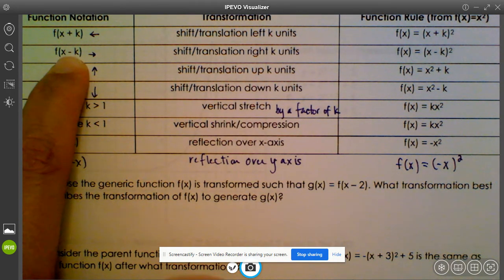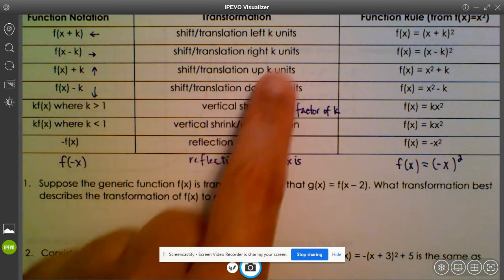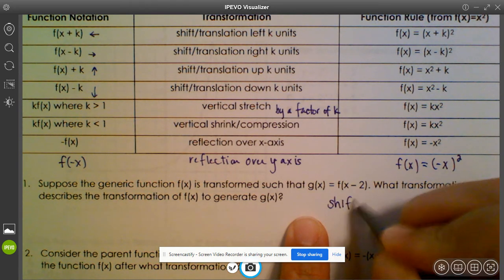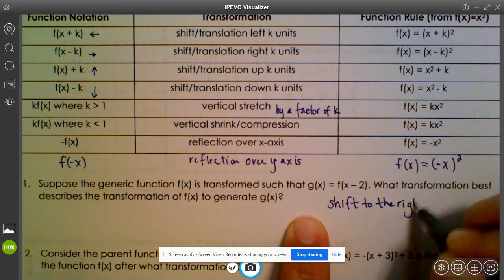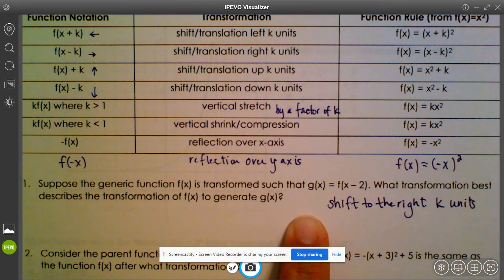So it appears to be this one, which says we're going to shift to the right k units. Okay, that's what this minus 2 does inside the function.